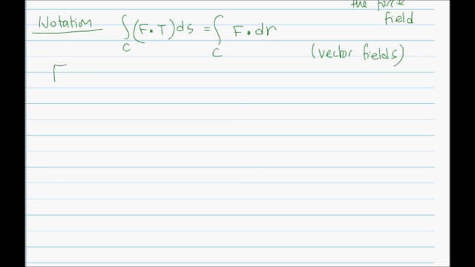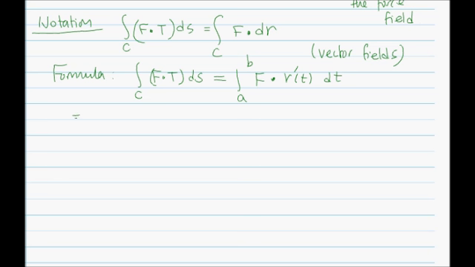But the actual formula, to recap, is the following. This line integral of a vector field is equal to the integral from a to b of vector field F dotted with r prime(t) dt. This is how we actually calculate, where r is given by x and y in terms of t.